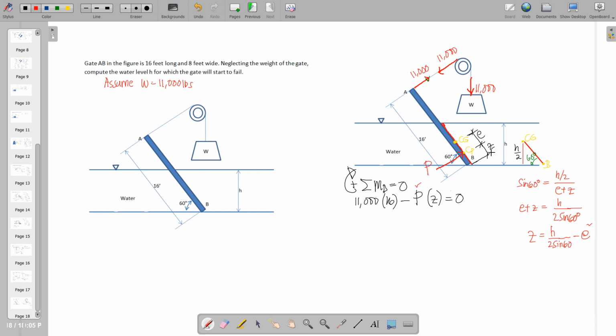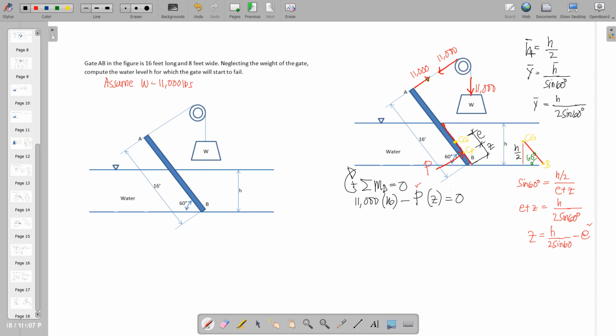From the figure, H bar is simply equal to half of H. Then Y bar will be related by the sine function: H bar all over sine 60. Knowing that H bar is H over 2, we substitute it in here. Therefore, Y bar is equal to H over 2 sine of 60.